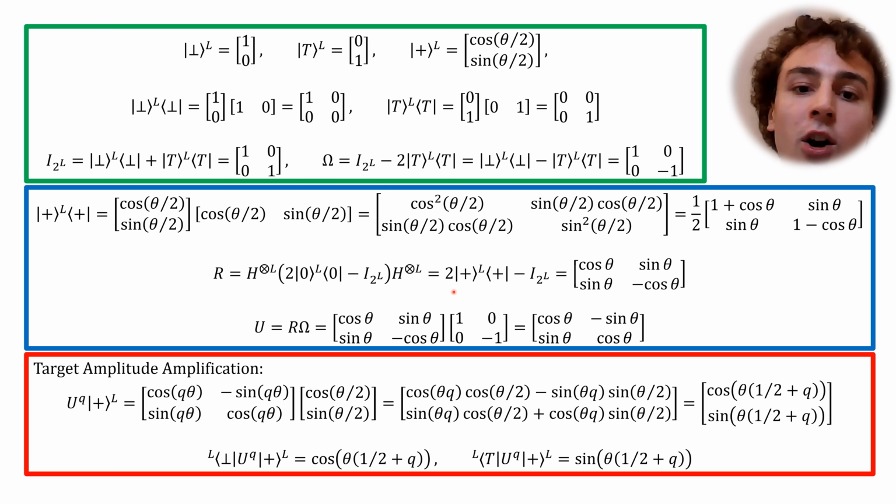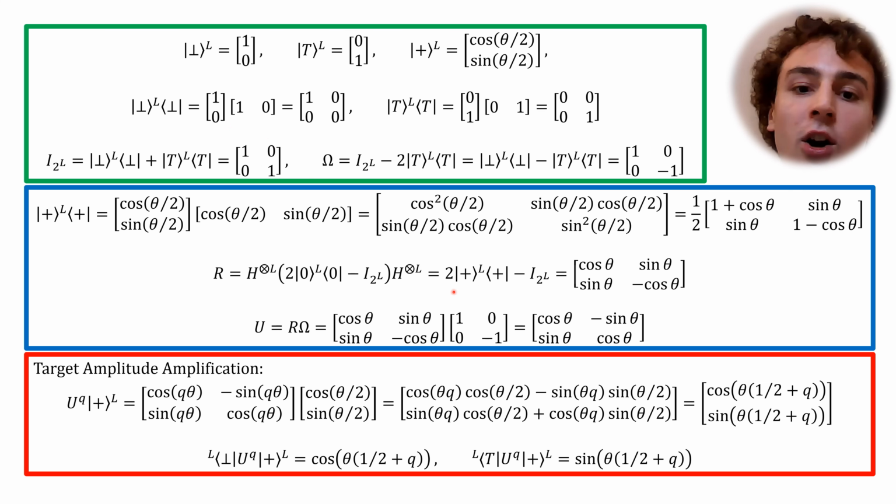So these 1s on the diagonal will disappear, and so will this factor of 1/2. And that leaves this matrix. This is the matrix representation of the operator R, which is a reflection over the plus axis. So we have cosine of theta and minus cosine of theta along the diagonal, and then we have sine of theta on the off diagonal.